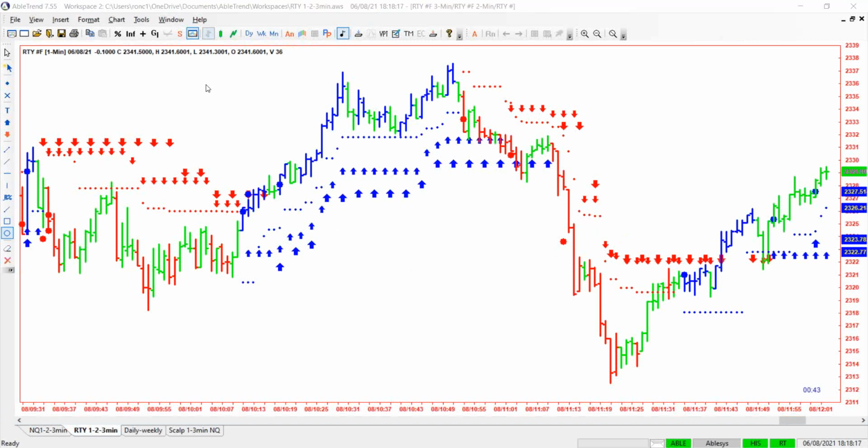And some days, market doesn't move much. Nobody in the world's winning. Don't feel bad. Nobody is, because nobody can. It's got to go up or down with some kind of a trend, with some consistency, non-choppy. Otherwise, nobody in the world's winning. We just lose less. That's the key with Able Trend, because it's just as important knowing when not to trade as knowing when to trade.